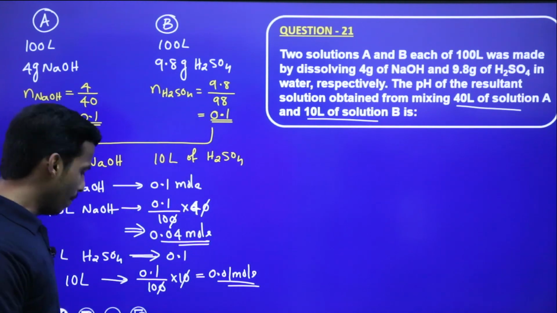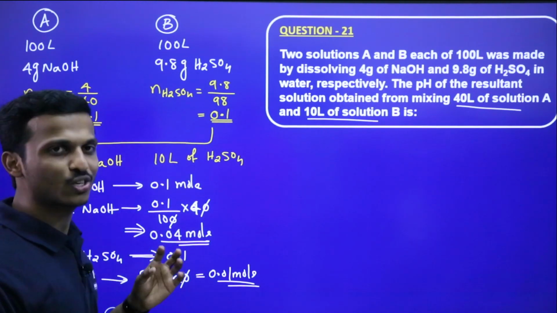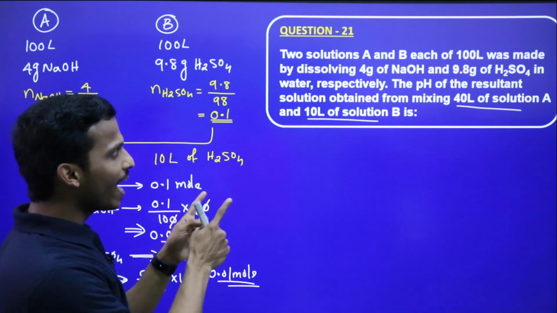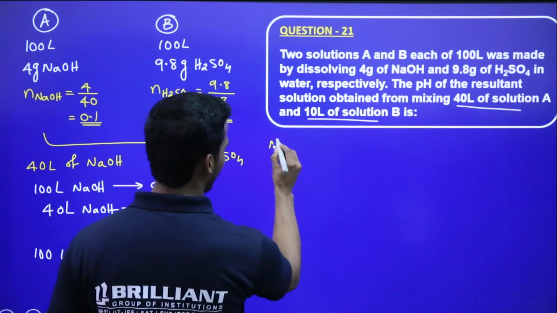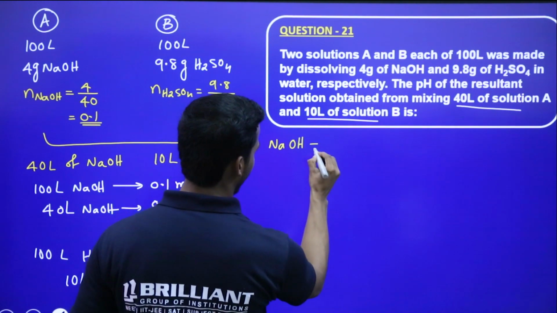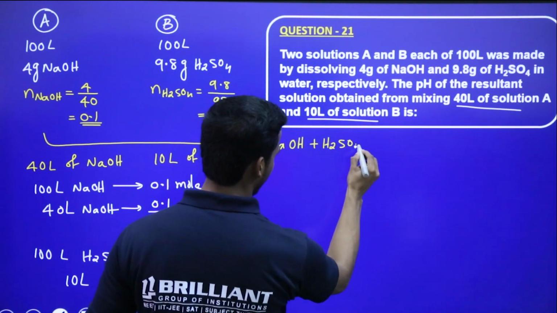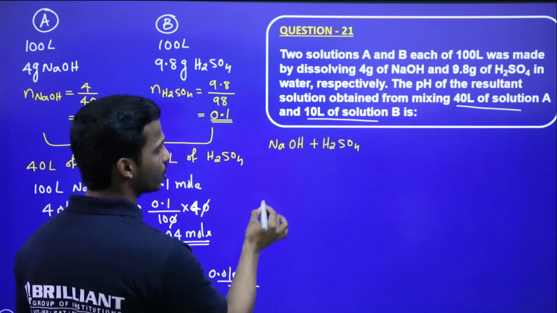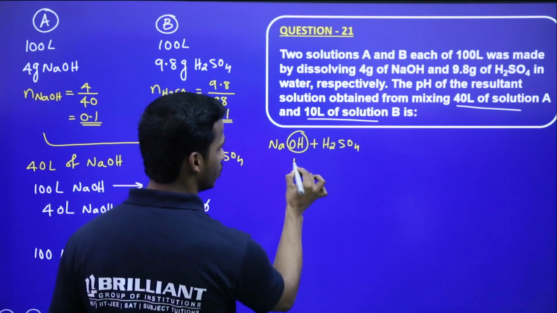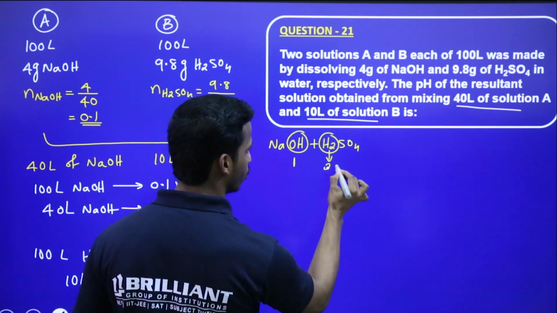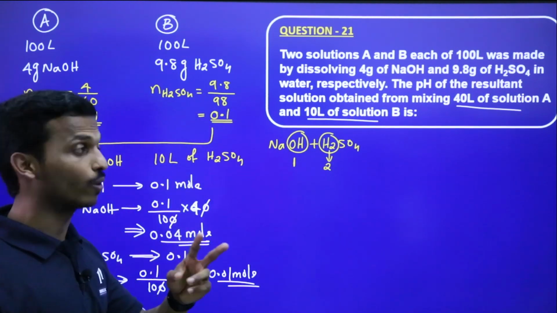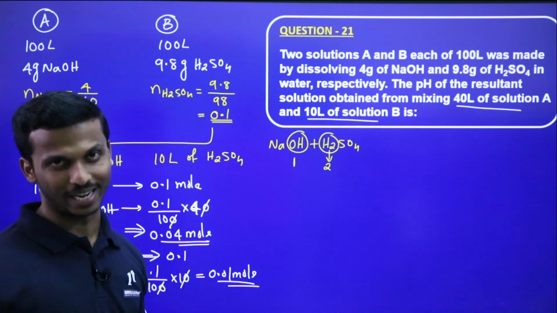This is the mole. But the main turning point of this question is that here you are reacting NaOH with sulfuric acid, right? See student, in NaOH the number of OH minus is just 1, but in H2SO4 the H plus ion is 2, right? 2 H plus ions are reacting with 1 OH minus ion.